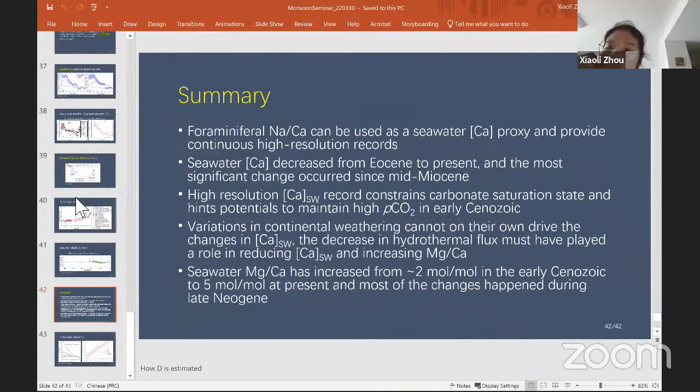Yeah, actually, a PhD student in our group did some work on the Miocene, and his work found that the changes in the ocean chemistry is actually maybe related to the start of the Western Pacific warm pool. So that may be related to this, the start of monsoons. But I think there needs to be more evidence to link these two.